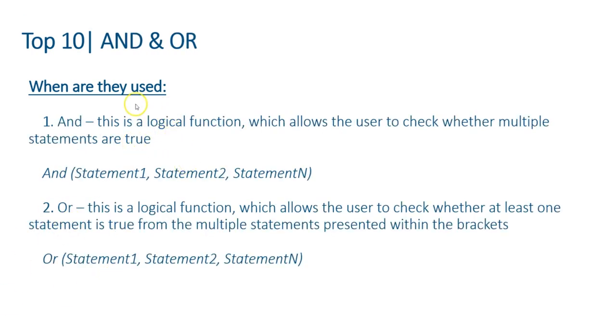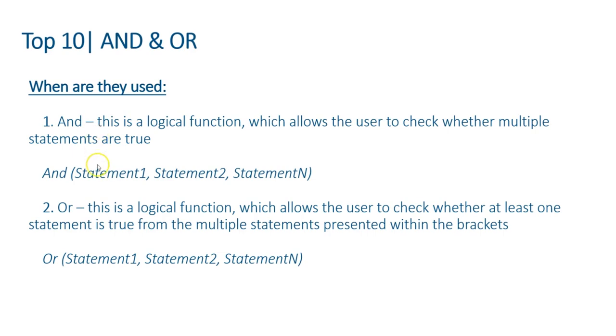Okay, now the next slide has AND and OR. These are two logical functions which are very often used, especially in combination with the IF statement formula that we discussed earlier in this course. So AND is a logical function which allows us to check whether multiple statements are true.